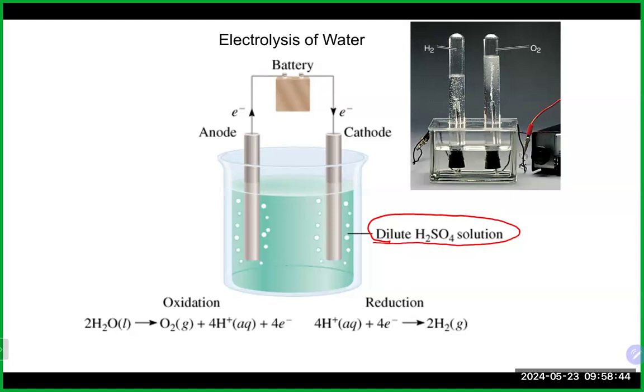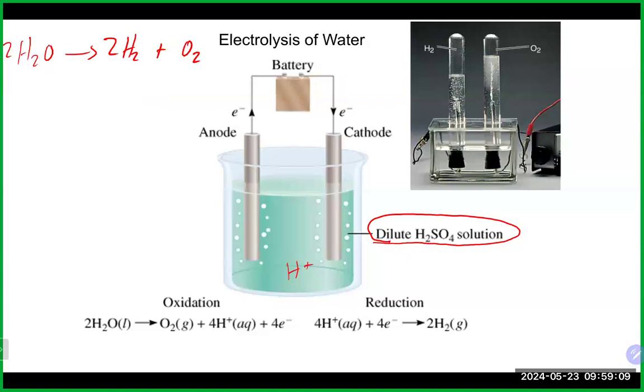It just beefs up the hydrogen ions in the solution and makes it work a little bit better. And in this particular case, again, we're going backwards here. So we're going from water and breaking it into hydrogen gas and oxygen gas. And put a two there, and that should do.